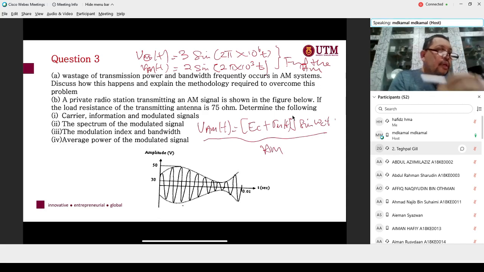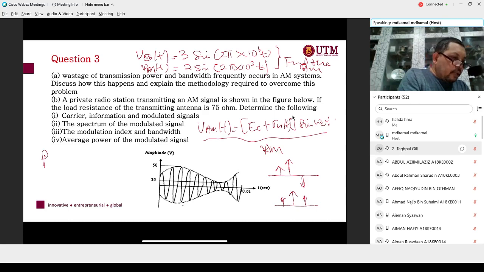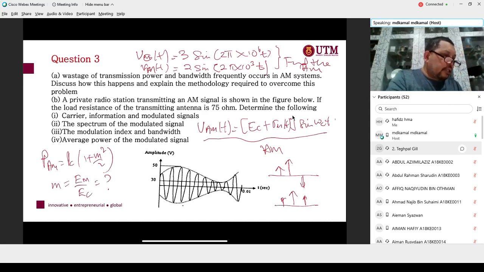So the spectrum, as you can see, will be like this on one of them, because this is just the opposite, but you can still use the magnitude, you will get the same thing. And then the power in the AM signal actually is PC times 1 plus M square over 2. M is actually EM over EC, the same thing. You got this value, and then you can solve this.